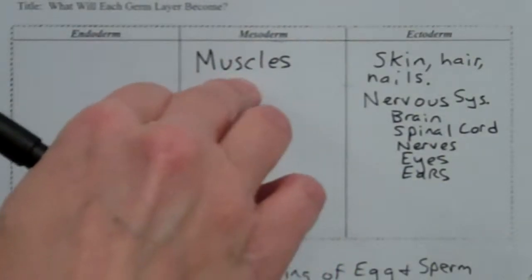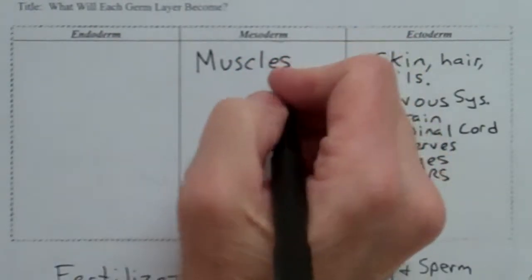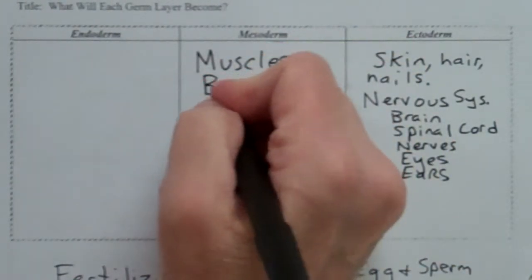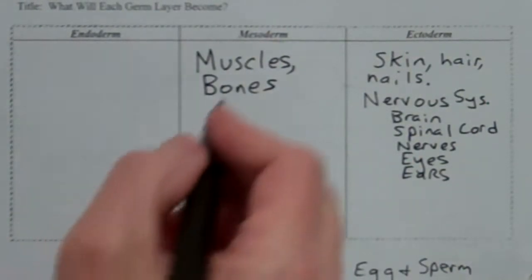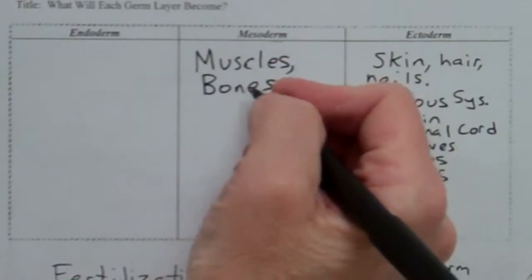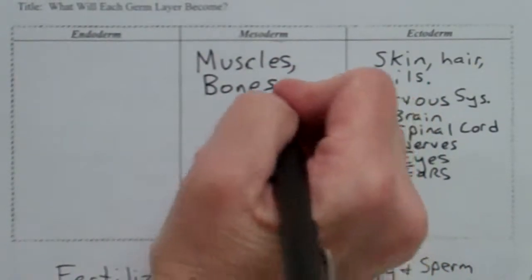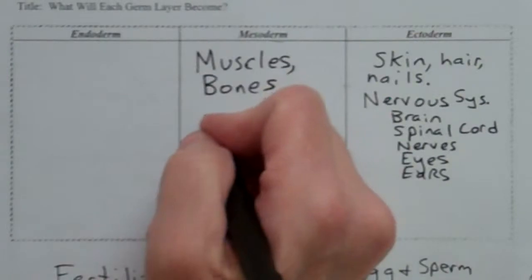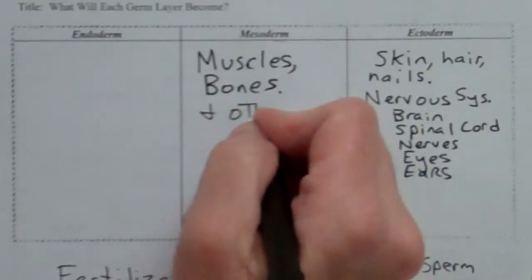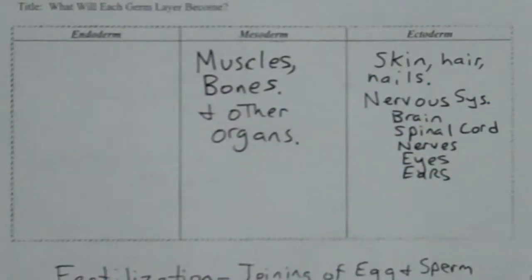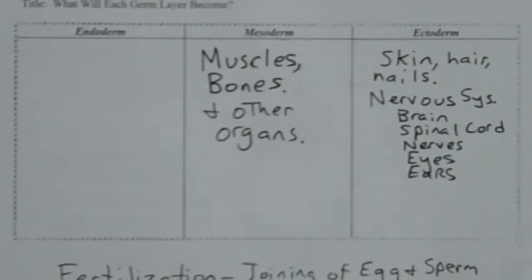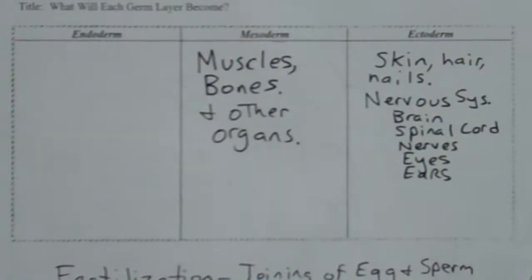The mesoderm is also going to be making your bones and all those little tendons and ligaments that connect it. So your skeletal system, your musculature system, and I'm also just going to say, and other organs that we're not really going to mention right now. So any system that we haven't mentioned probably is going to be made by this layer.